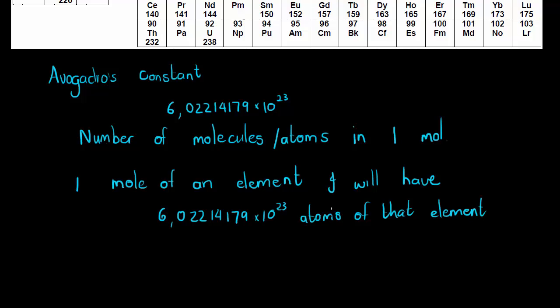If I say I have 1 mole of hydrogen, then I've got 6.02214179 times 10 to the power of 23 atoms of hydrogen in my hand, and that will have the atomic mass on the periodic table. Do you understand what I mean?